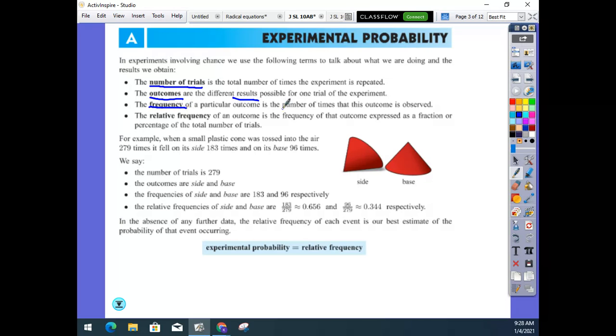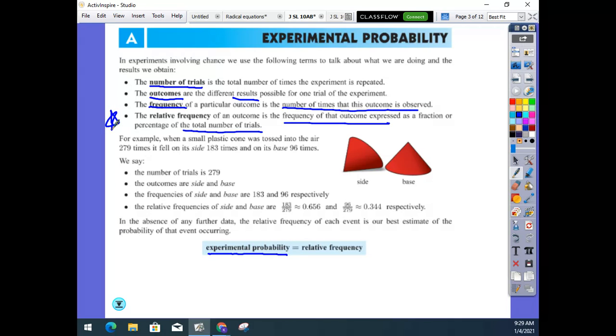Frequency is just the number of times that it's observed. And the relative frequency is the frequency, the outcome expressed as a fraction out of the total number of trials. Okay? And when we talk about experimental probability, it's just your relative frequency.